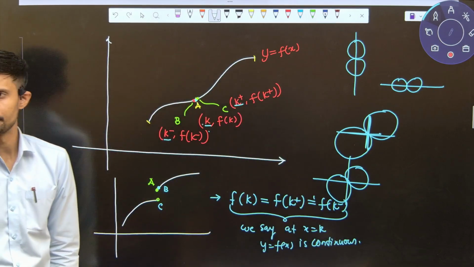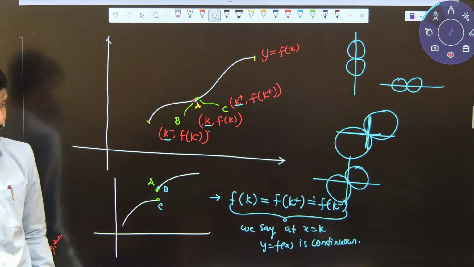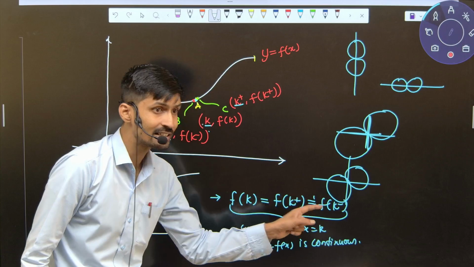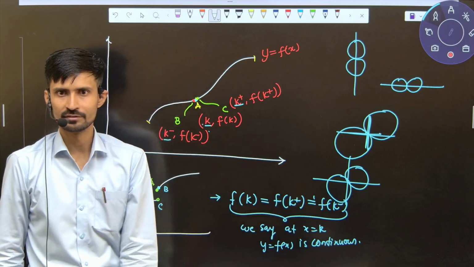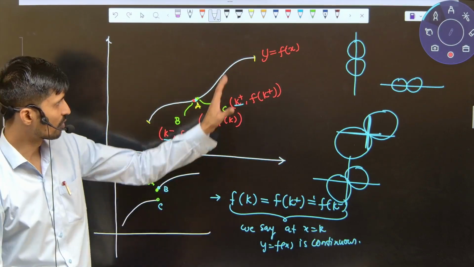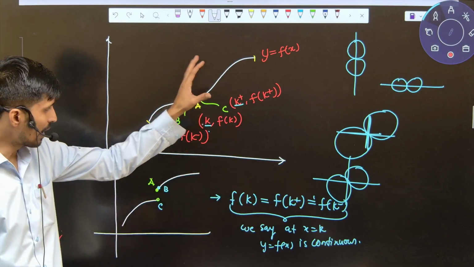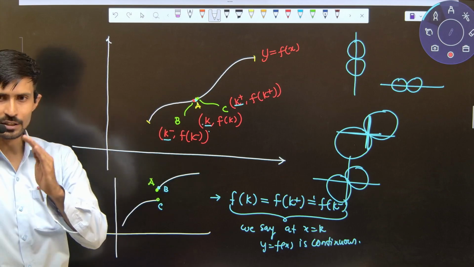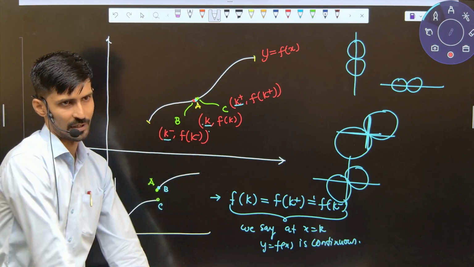It's very simple. And what are this k plus and k minus? Limit. Yes? So write down this whole theory. Again, I will tell you this whole theory as a shortcut on the next page.